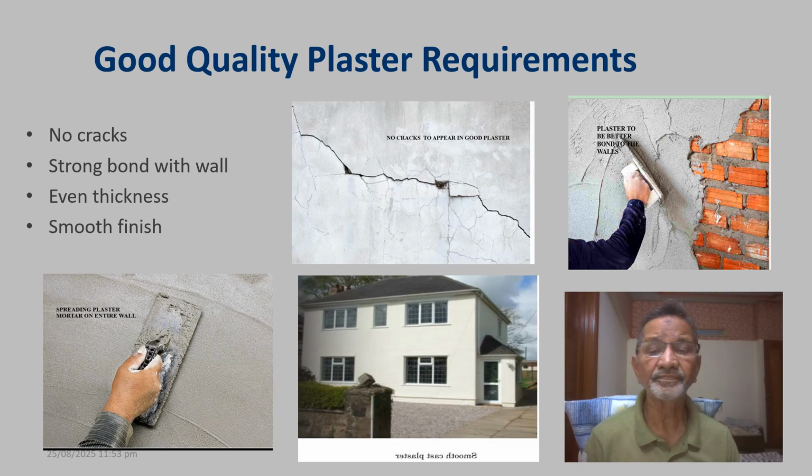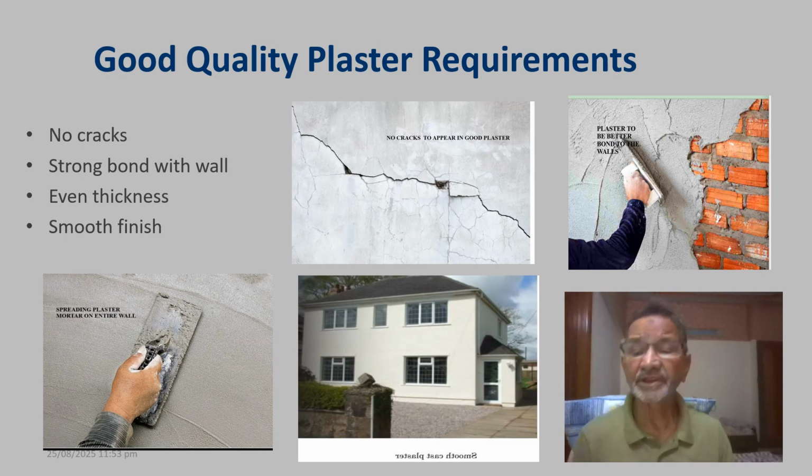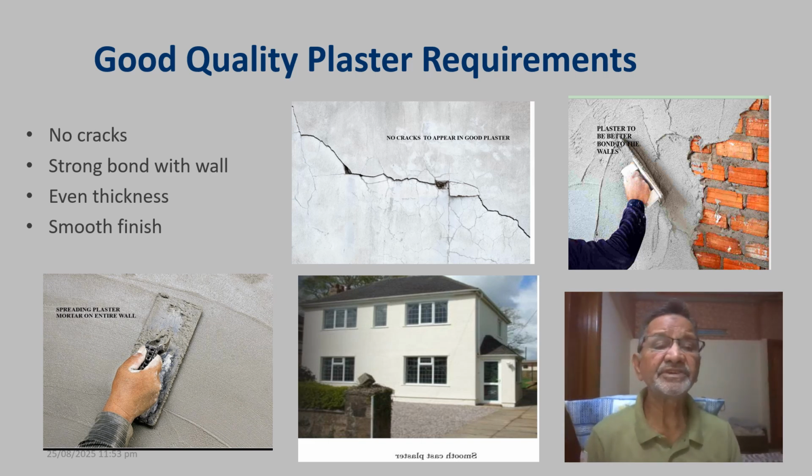Dear viewers, in this slide you can see the good quality of plaster, and what the requirements and necessities are for getting a good plaster. The plaster should stick to the surface and it should not come out.